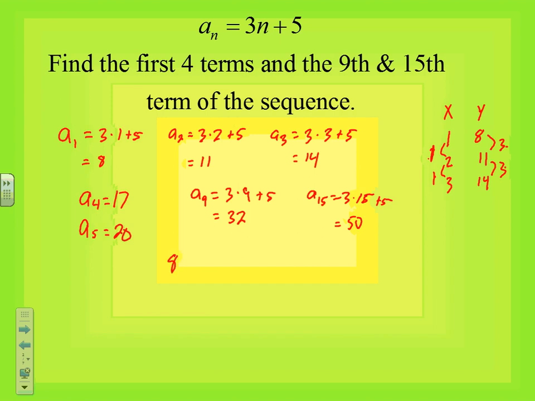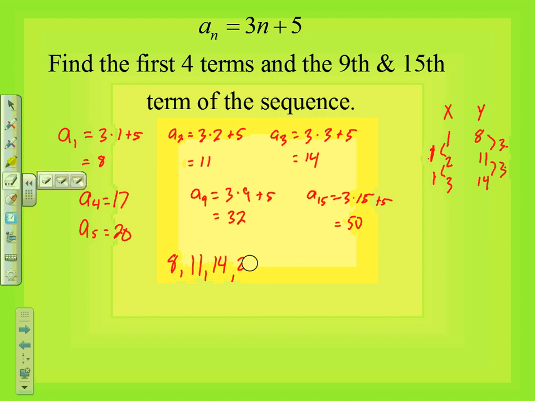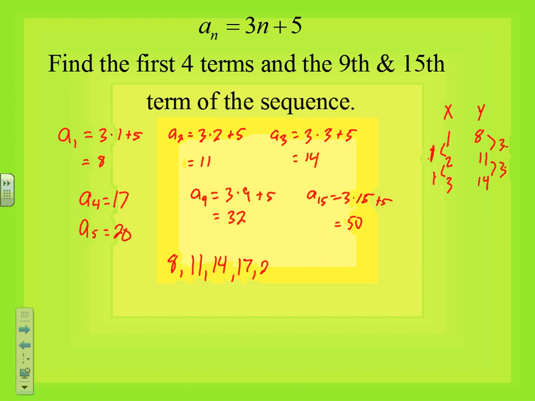We would say 8, 11, 14, and 20. Oops, I missed a 17. So 8, 11, 14, 17, 20, and then the two additional ones that we got, the 32 and the 50. So this is the list of terms that we're looking for, the first 4 terms and the 9th and the 15th one of this particular sequence.